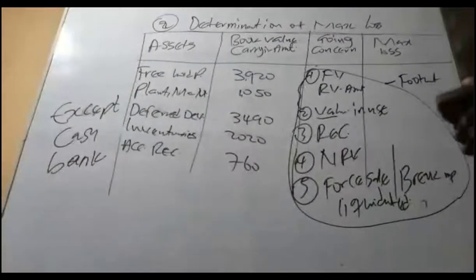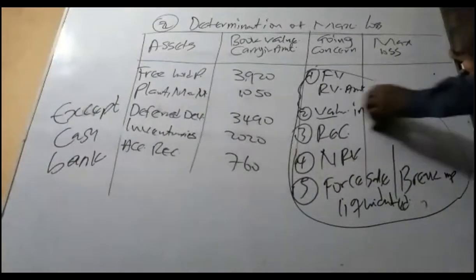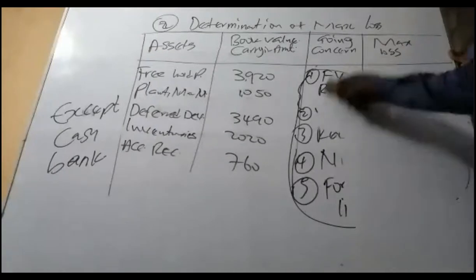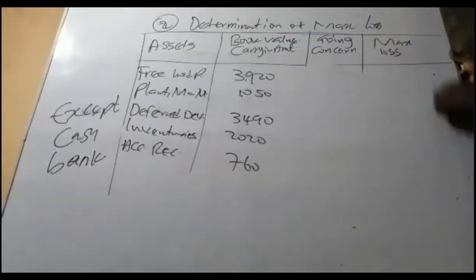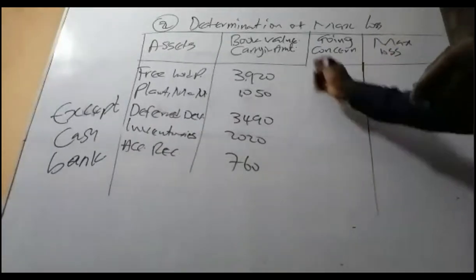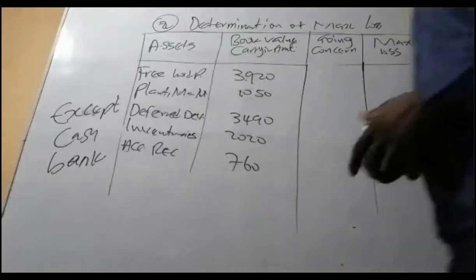So now let's go to the footnote to pick their respective fair values or the revalued amount.